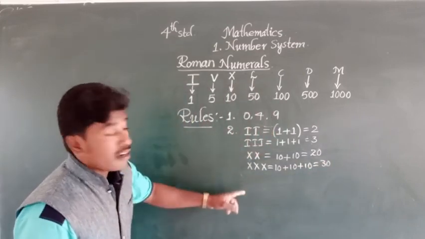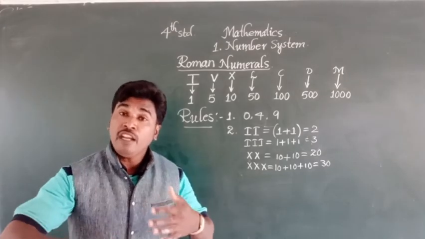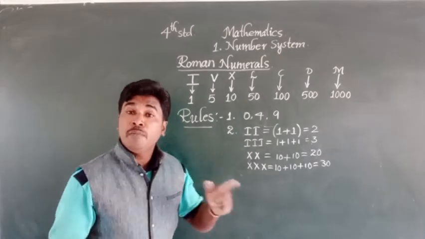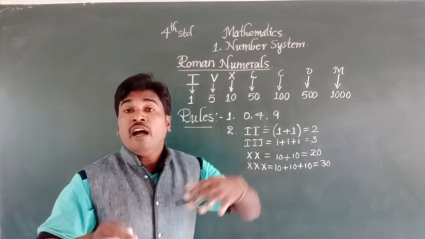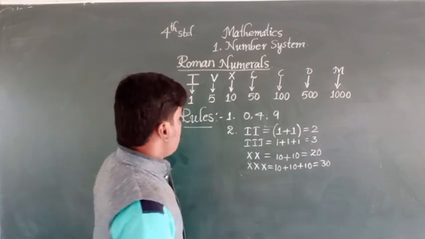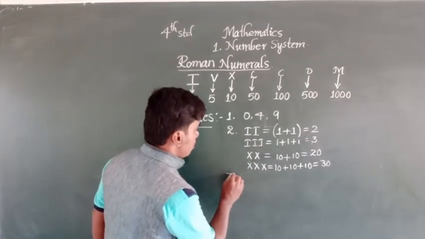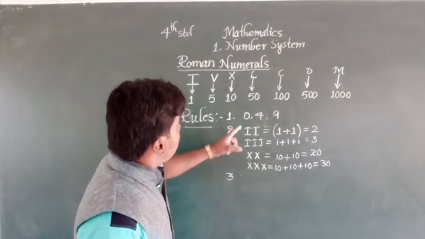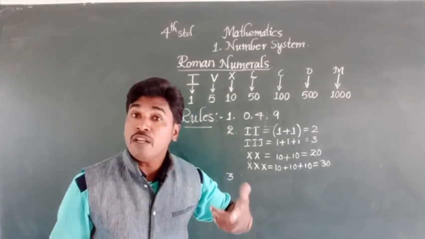So, this is the second rule. If you are repeating Roman letters more than one time, you add them and tell the number name. Come to the third rule. Dear children, observe how many times the Roman numeral has been repeated.